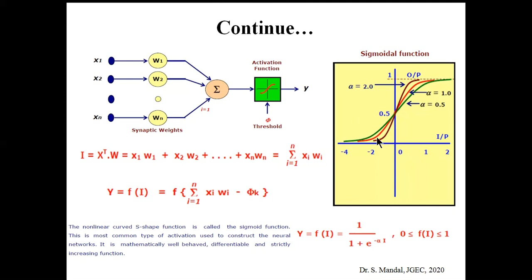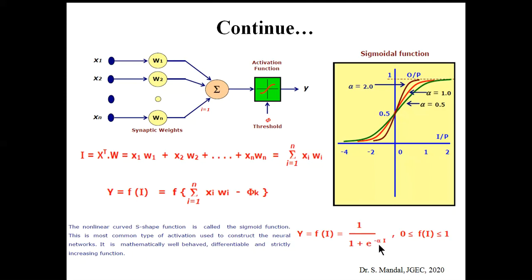Here we use the sigmoidal function, which is an S function, and it can be defined like this: y equals phi of I, which is 1 by 1 plus e to the power minus alpha I. It lies between 0 and 1.